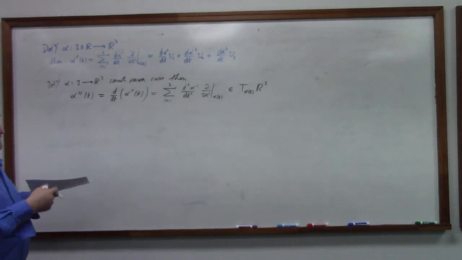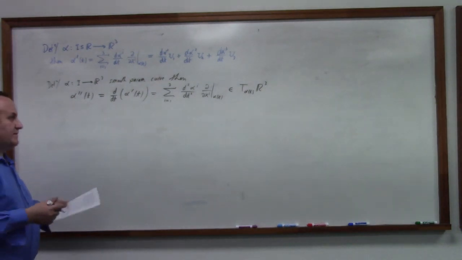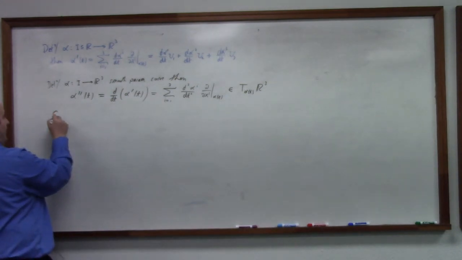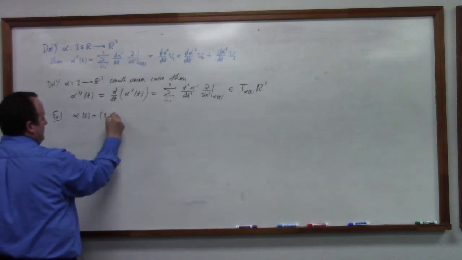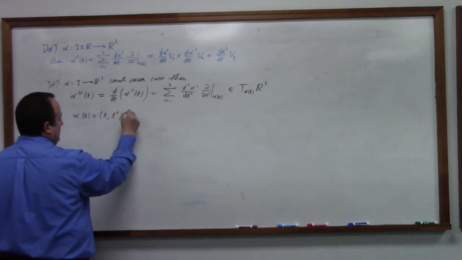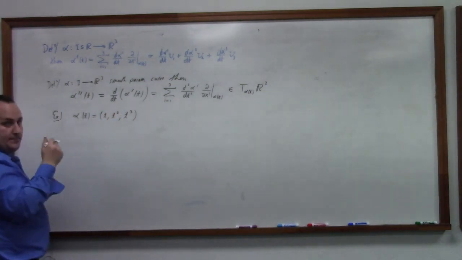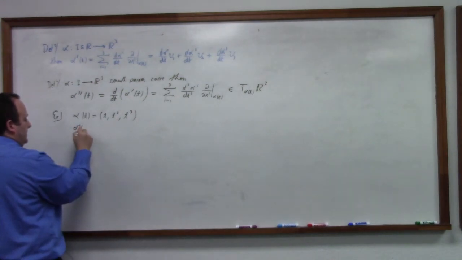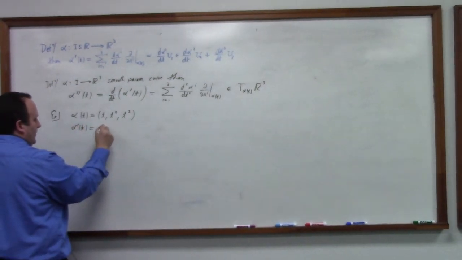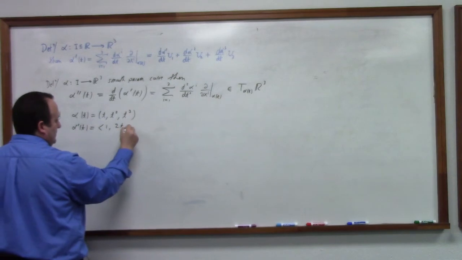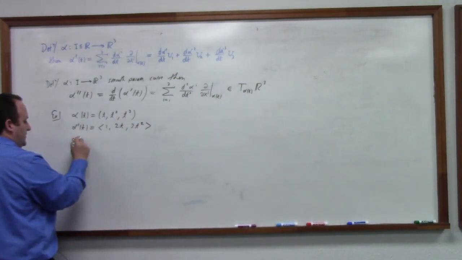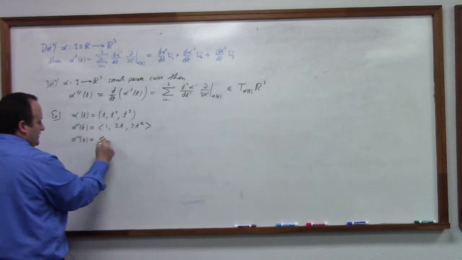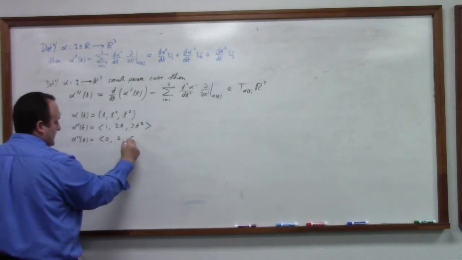So for the running example, we had alpha of t equal to t, t squared, t cubed. So alpha prime of t is 1, 2t, 3t squared, and alpha prime prime of t is 0, 2, 6t.